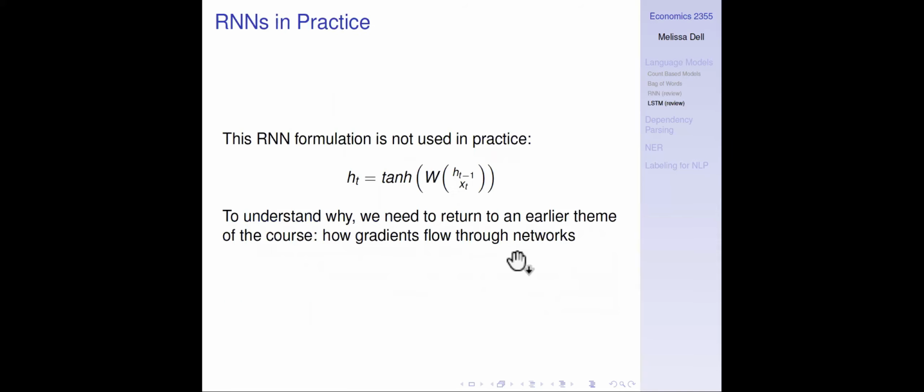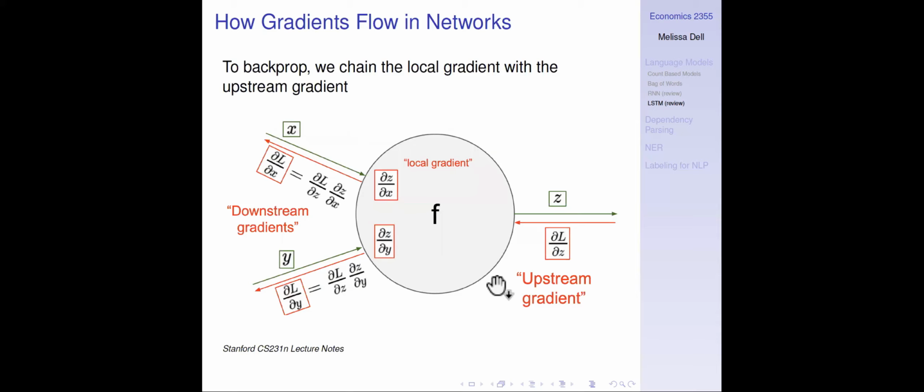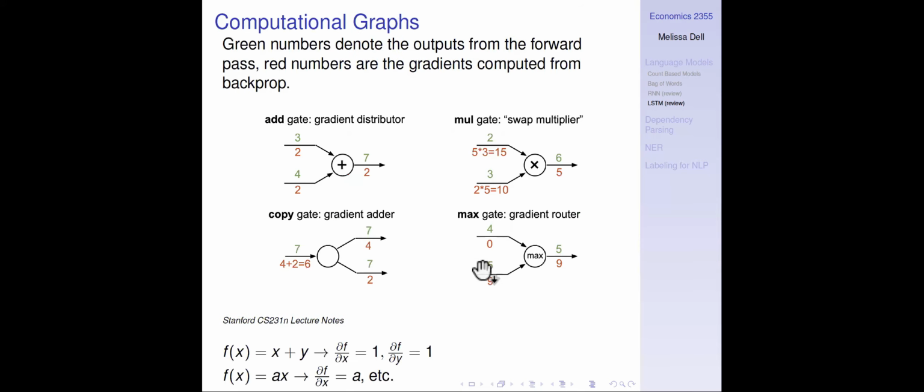Now, as we talked about, we wouldn't ever actually use this RNN formulation in practice because of the vanishing gradient problem. If you'll remember, we've talked multiple times about how gradients flow through networks. When you're doing backprop, you apply the chain rule, so you get the gradient by taking the local gradient and multiplying it by the upstream gradient. How the gradient distributes depends on the operation that occurs at that node.